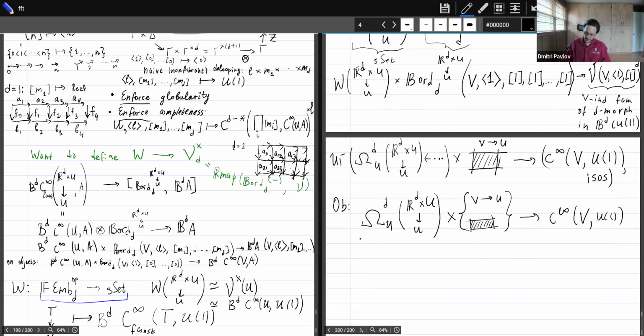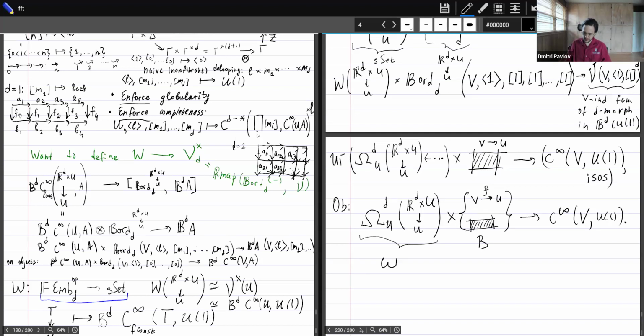So let me denote the differential form by omega. Let me call this map F, this Bordism B. So given the data of omega, F, and B, I have to produce for you a smooth map from V to U1.